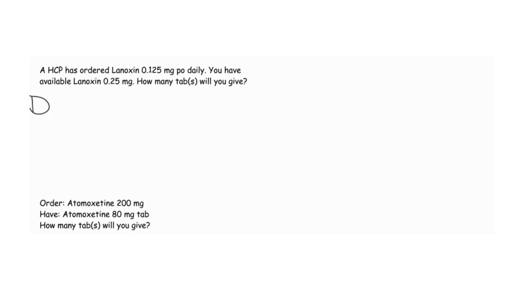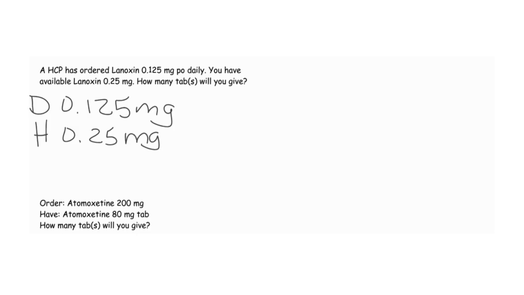So D is going to be 0.125 milligram. What do we have on hand? We have available Lanoxin 0.25 milligram, and that is per tablet, right? Each tablet that we have, each tablet is 0.25 milligram.